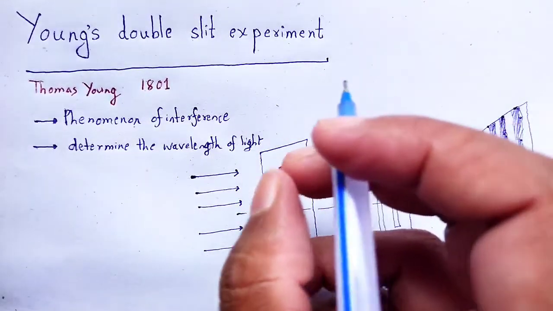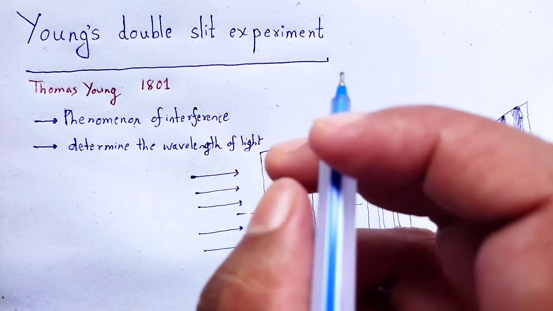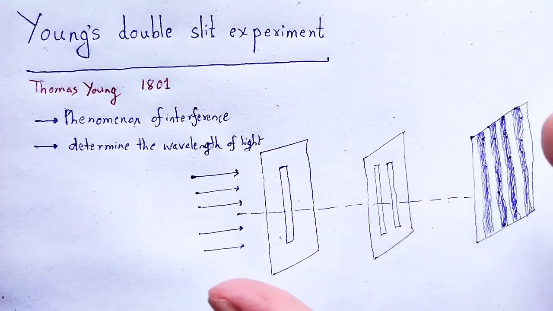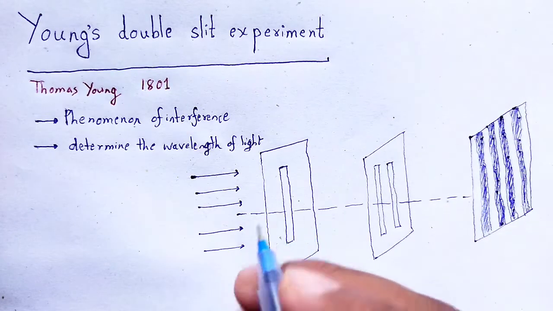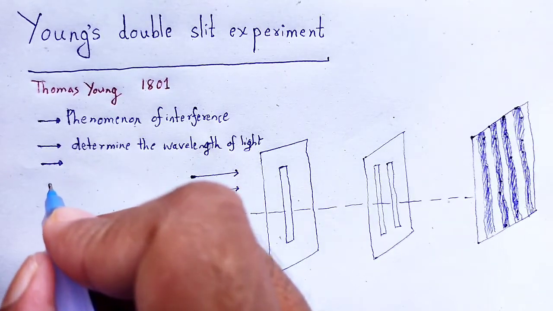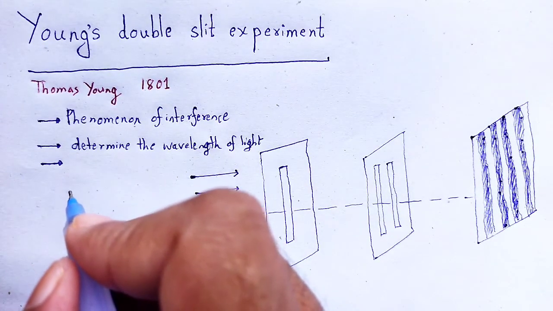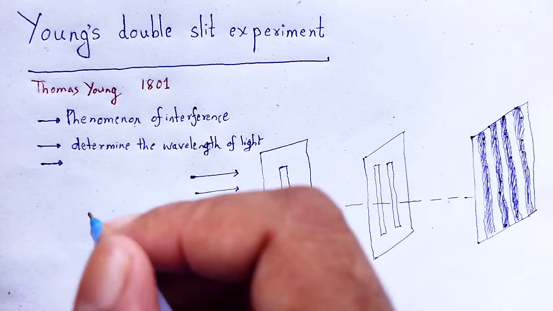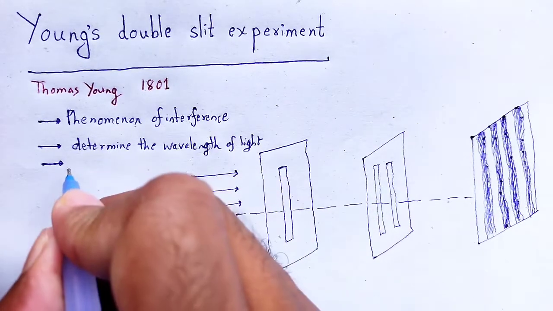The wavelength of light is determined by using Young's double slit experiment, which gives an idea of the visible effect of superposition of waves.